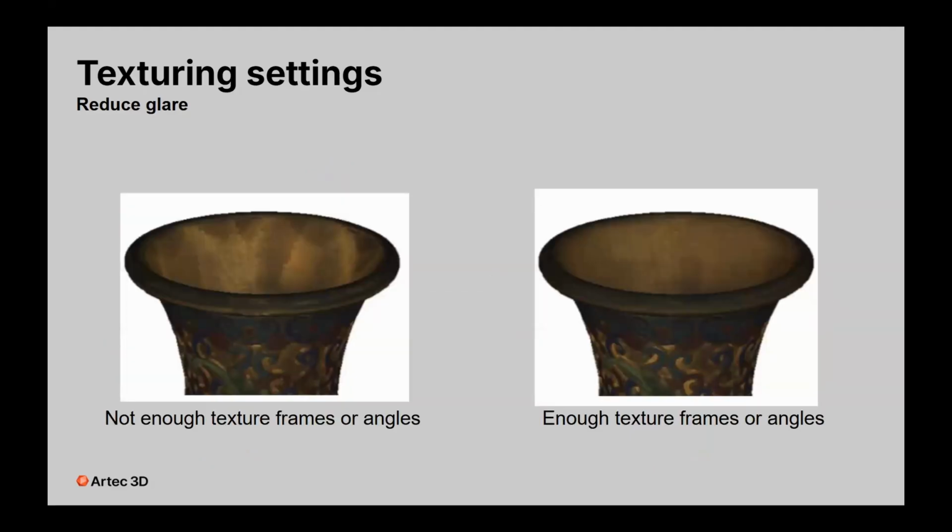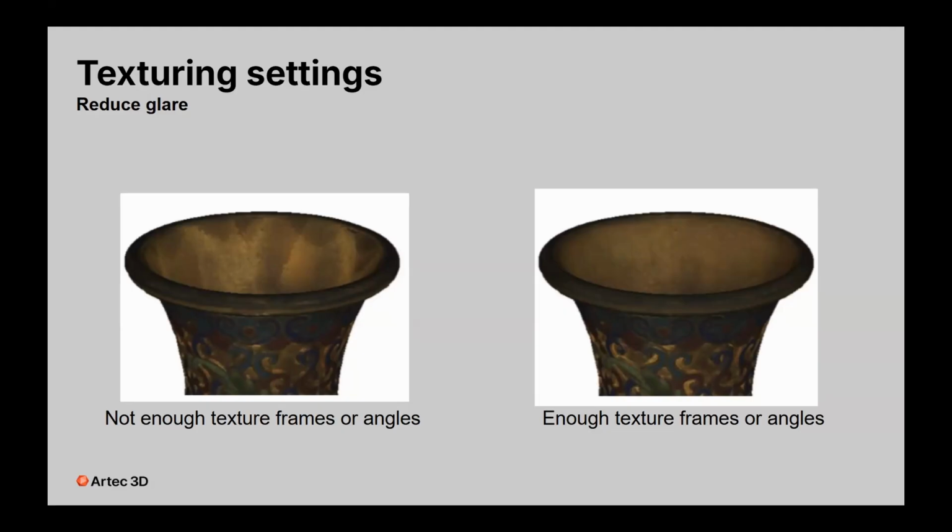Let's see what happens in case you don't have enough texture frames or angles for your scan. As you see in the image on the left, here we didn't have enough texture frames and angles for the algorithm, and therefore when it was enabled, we see really sharp transitions between different frames. It looks really bad.